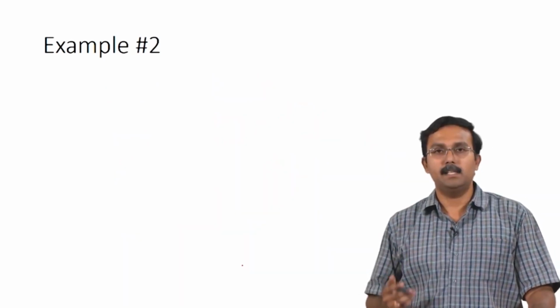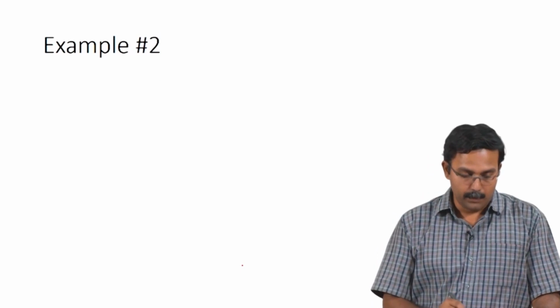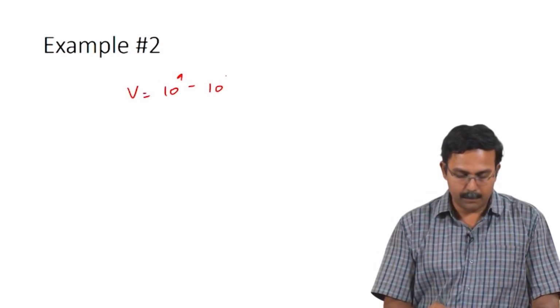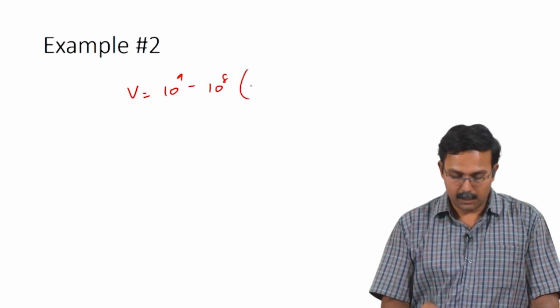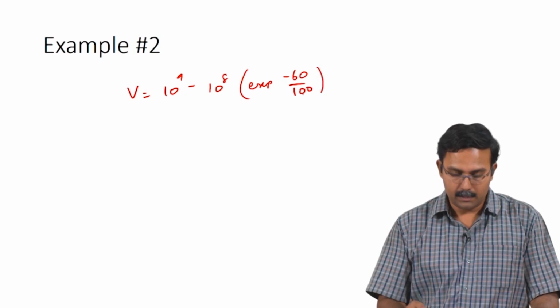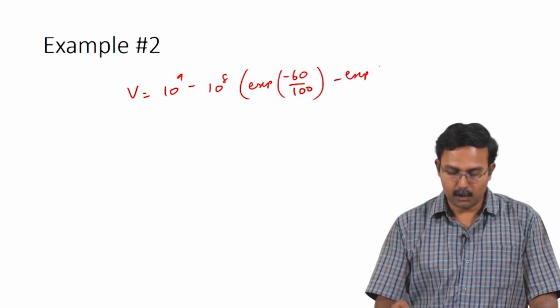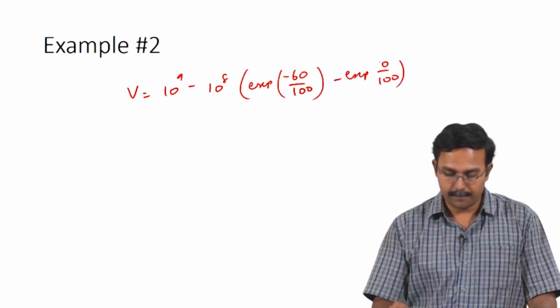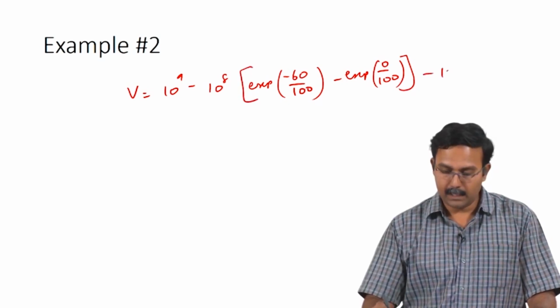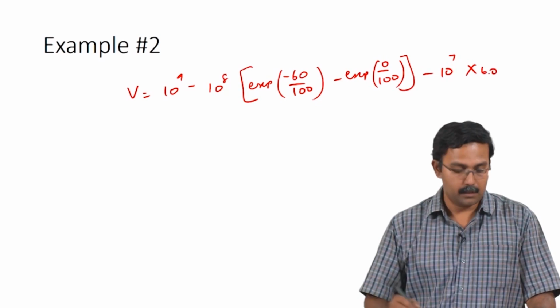By applying the limits and solving, we get V equals 10^9 minus 10^8 times (exponential of minus 60 by 100 minus exponential of 0 by 100) minus 10^7 times 60.